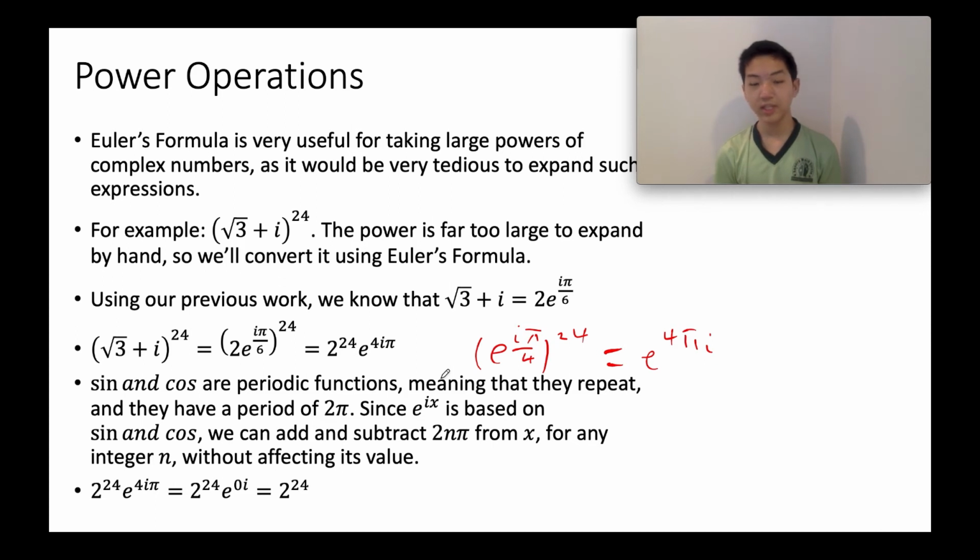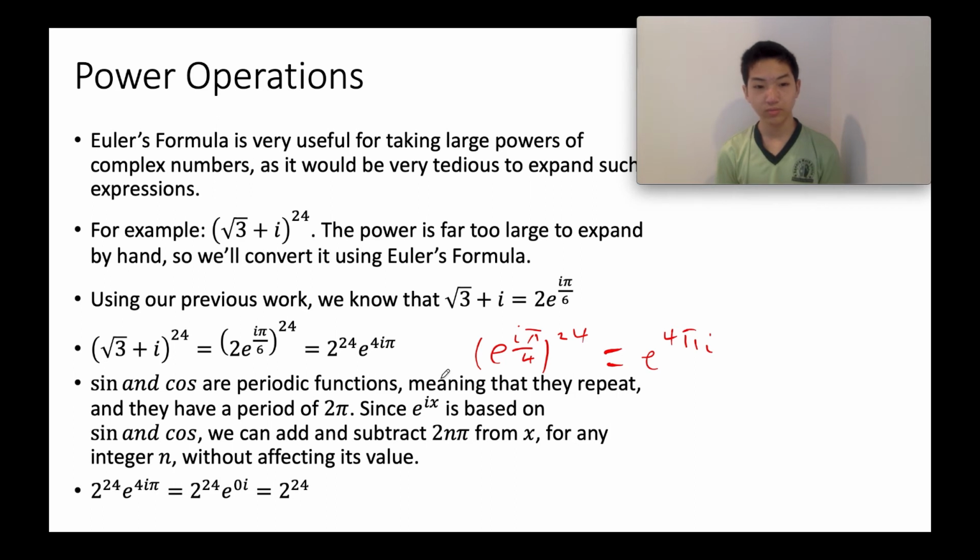So since e to the ix is based on sine and cosine, we can add and subtract 2 times n pi from x for any integer n without affecting its value. Because remember, you can add and subtract 2 pi however many times you want. n just represents the number of times you do so.